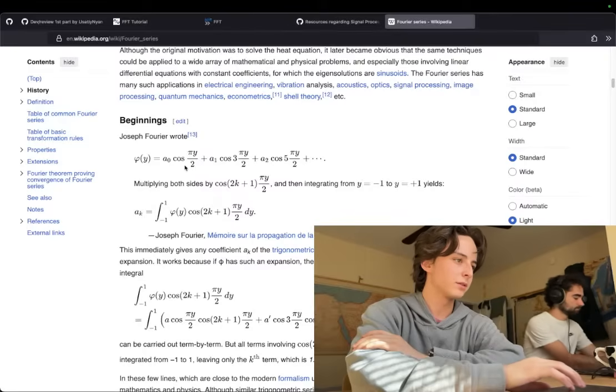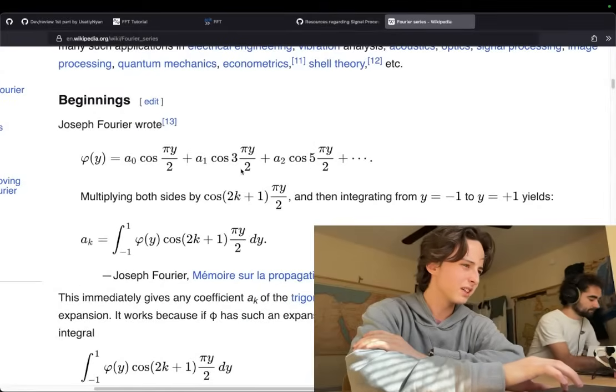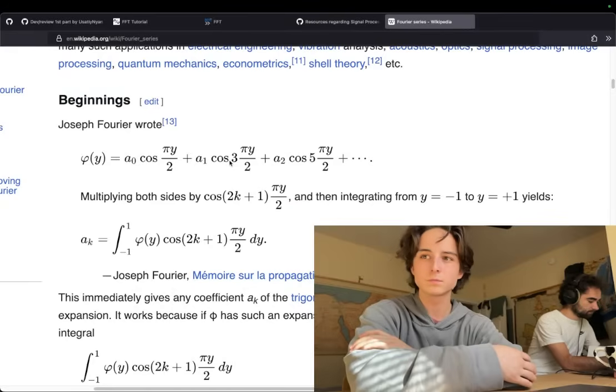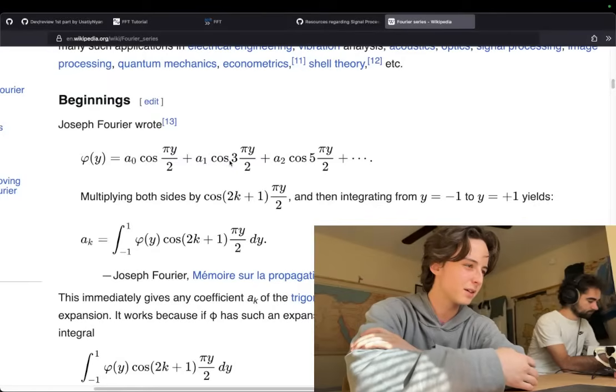Oh, it's cosine, okay, so normal cosine, and then cosine, I'm not sure, it looks like it might be cosine cubed, but I can't tell if this 3 is supposed to be attached to that or not. Yeah, it's tough to say.